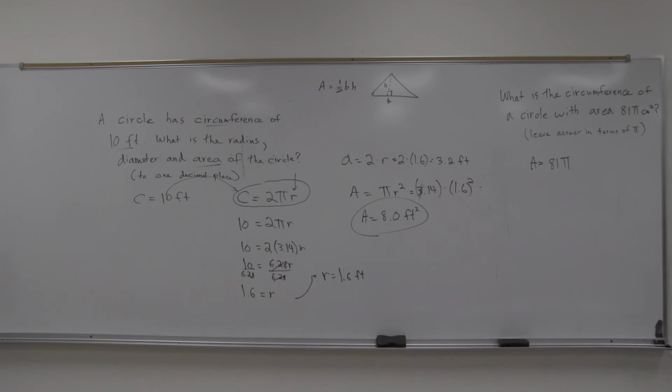To find the radius, can I use then the fact that the area is pi r squared? That formula, that's our area of a circle formula. I can use that again here because I know what A is. A is 81 pi. And so I can replace the A by 81 pi.